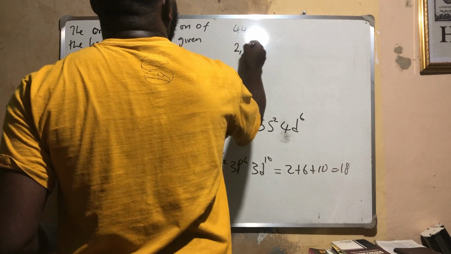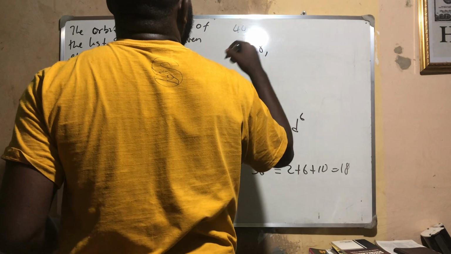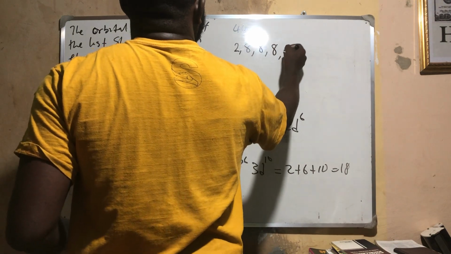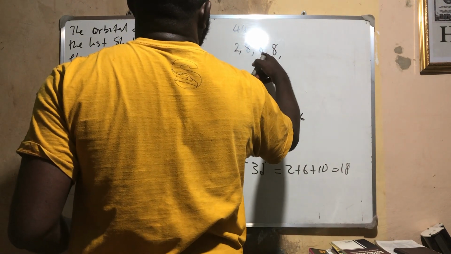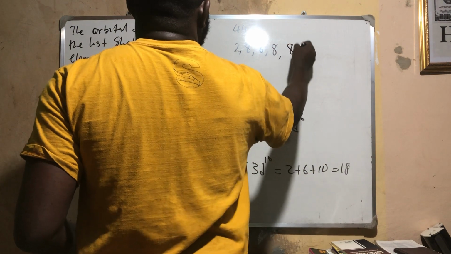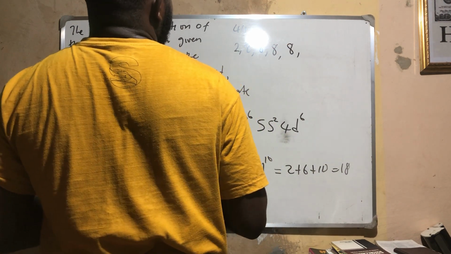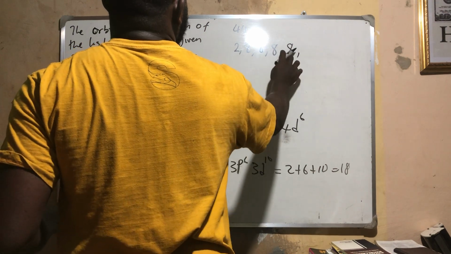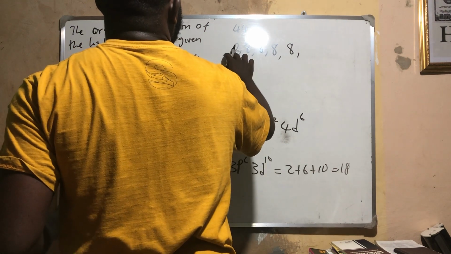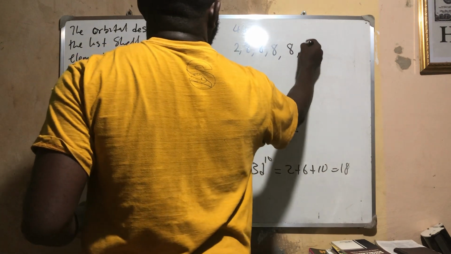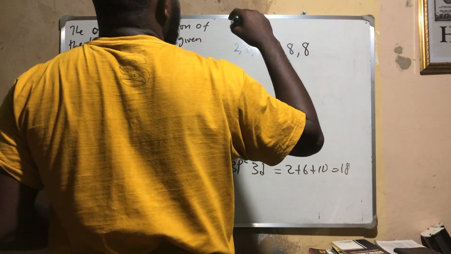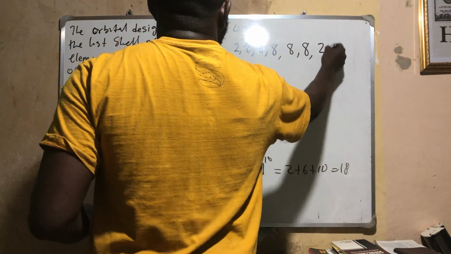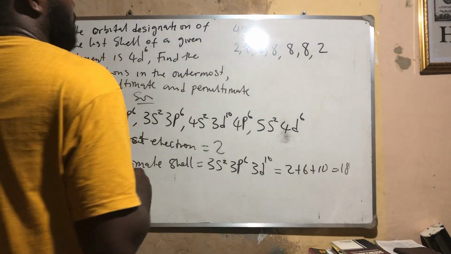This is 2, 8, 8, let me say 8, there should be 18 somewhere, but let me just use 8, 8. 8 plus 8 is 16, 16 plus 16 is 32, 32 plus 2 is 34, 34 plus 8 is 42, 42 plus 2 is 44.